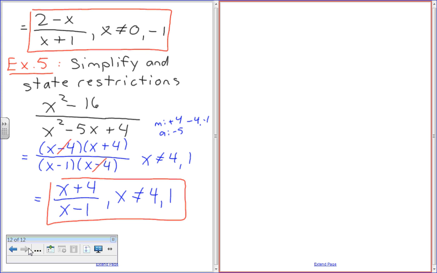All right, let's do maybe one more. Simplify and state restrictions.